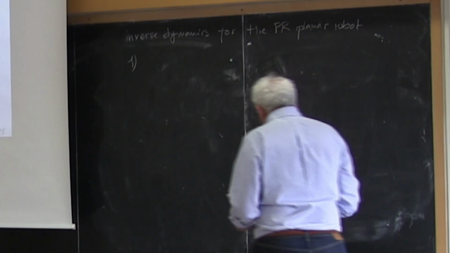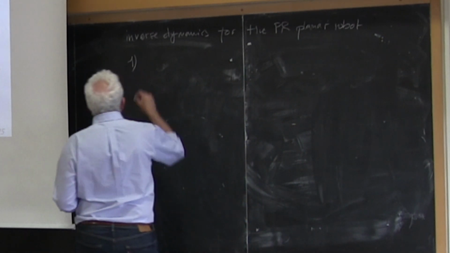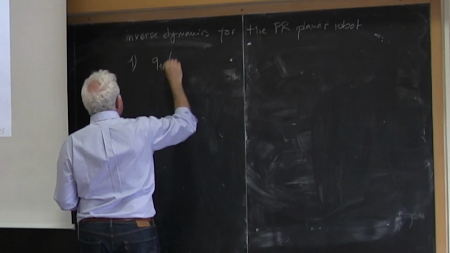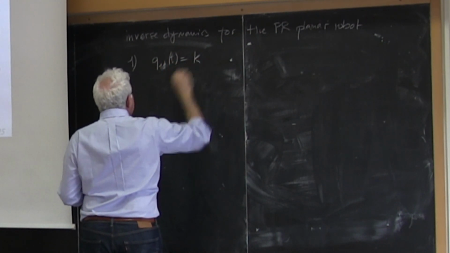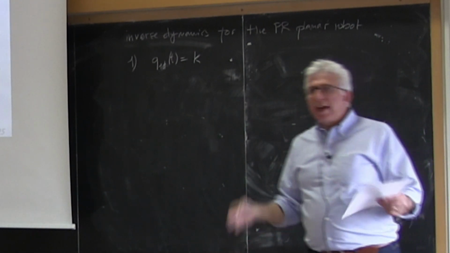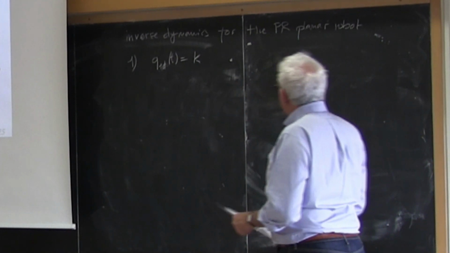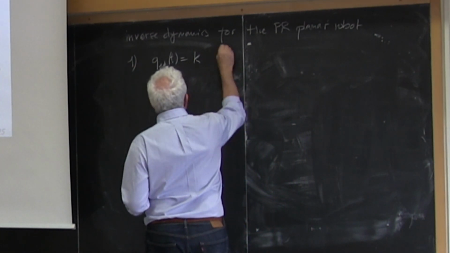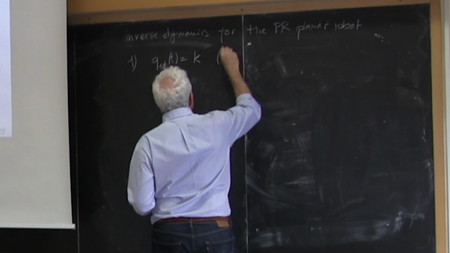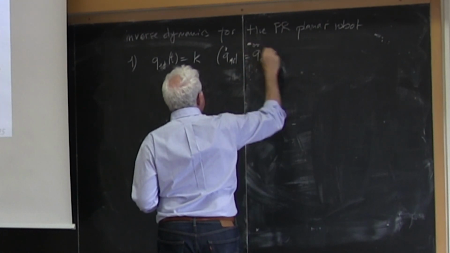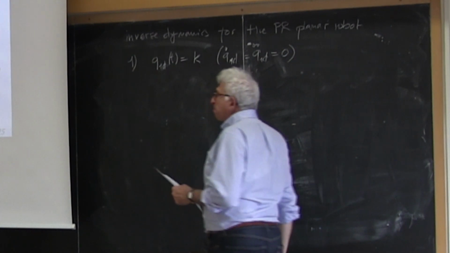So suppose that we are in this situation. The Q1 desired of t is just a constant. So the first link does not move and is placed in some specific position, which means that Q1 dot desired and Q1 double dot desired are both equal to 0.